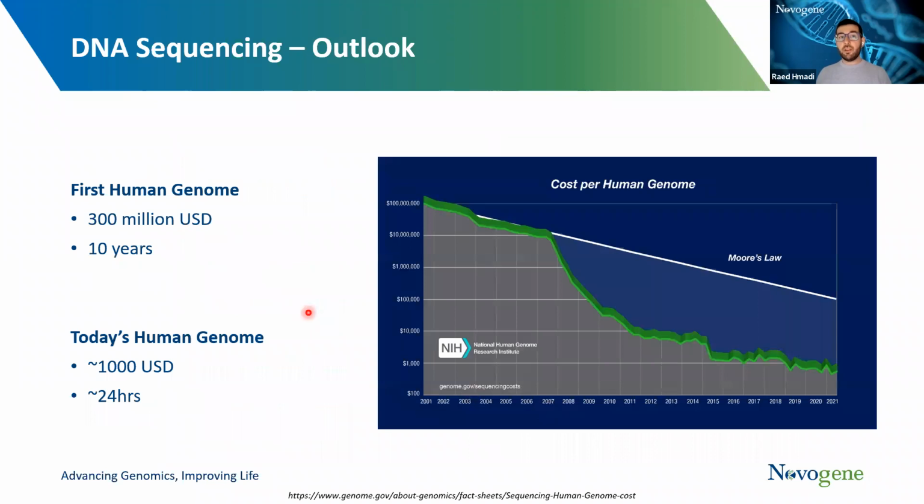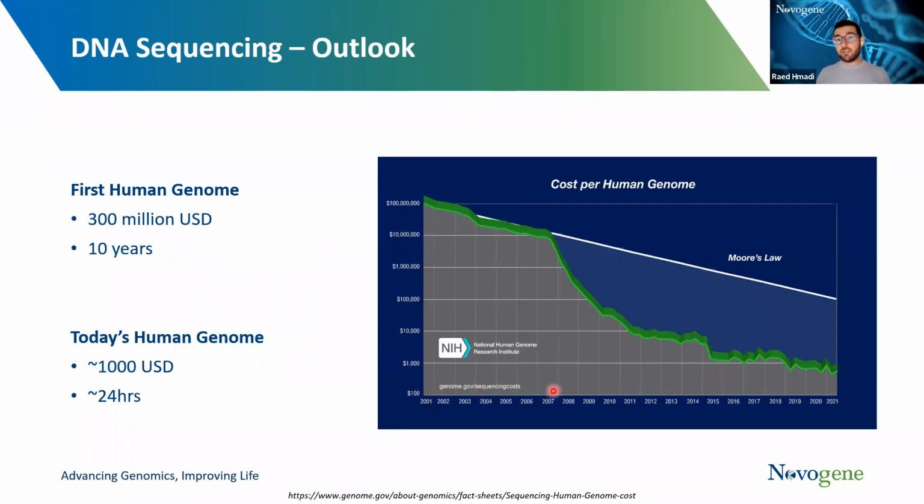Now, moving into the outlook and what we can expect for the future of DNA sequencing in general, I just wanted to take a step back here and look at the history of DNA sequencing from the last 20 years. You might already know this, but the first human genome was finished in the early 2000s, and that took around 10 years and came with a price tag of 300 million US dollars.